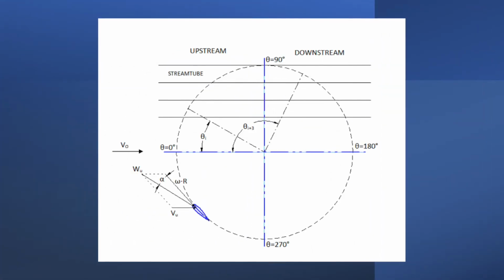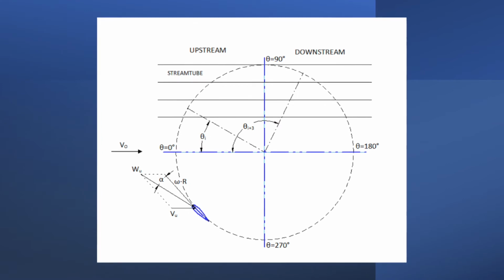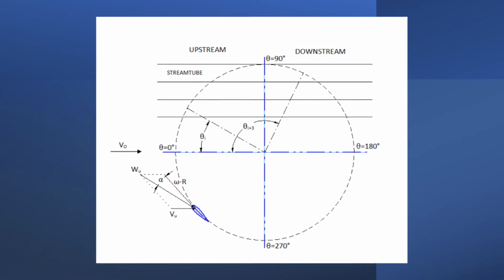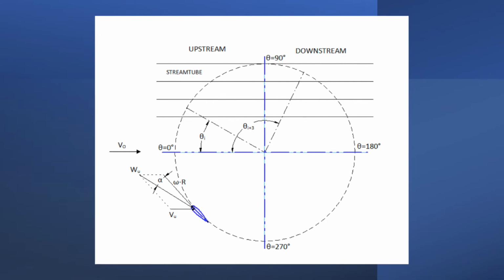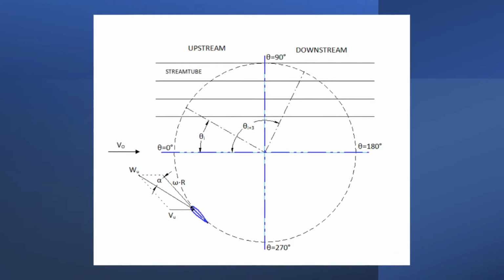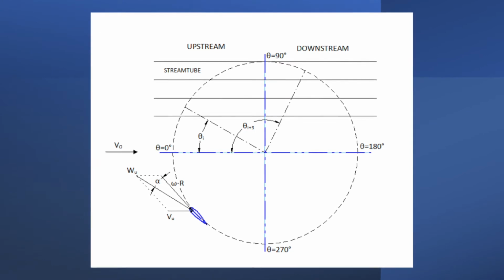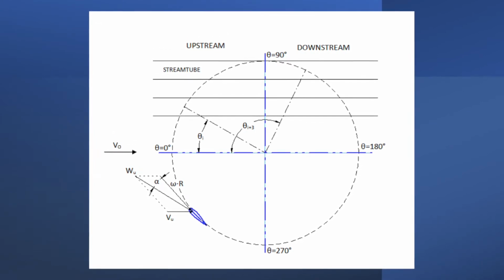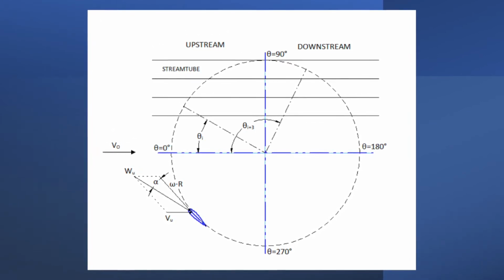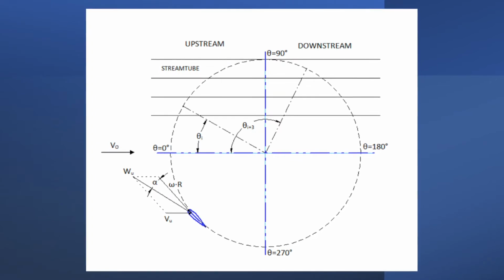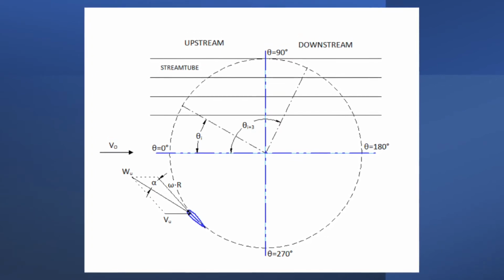The model uses the actuator disk theory two times, one for the upstream and one for the downstream parts of the rotor. This theory represents the turbine as a disk which creates a discontinuity of pressure in the stream tube of air flowing through it. The pressure discontinuity causes a deceleration of the wind, which results in an induced velocity.